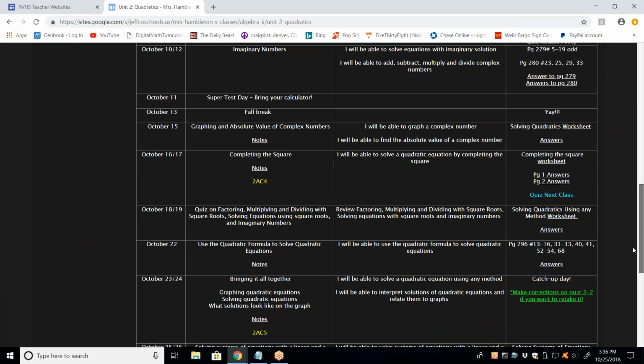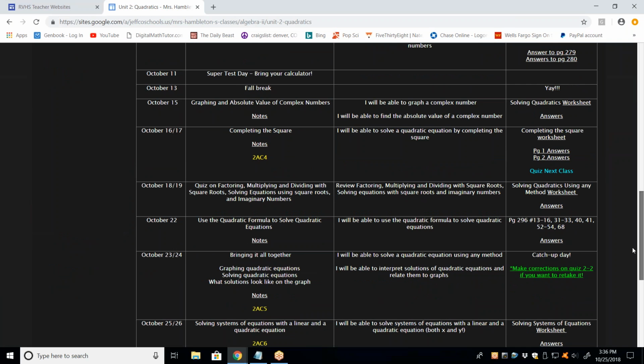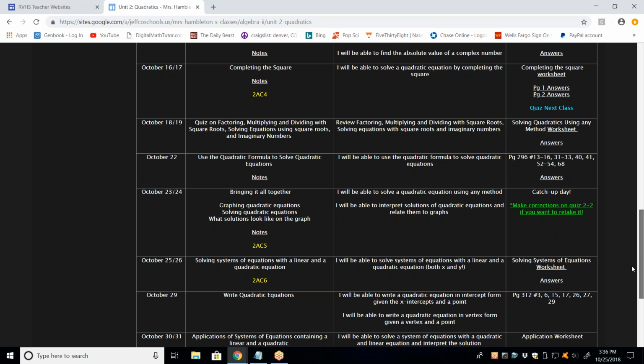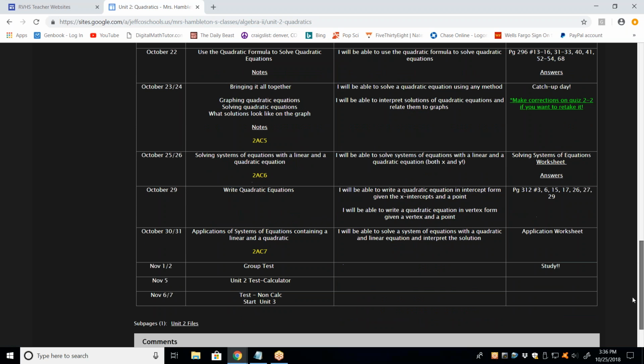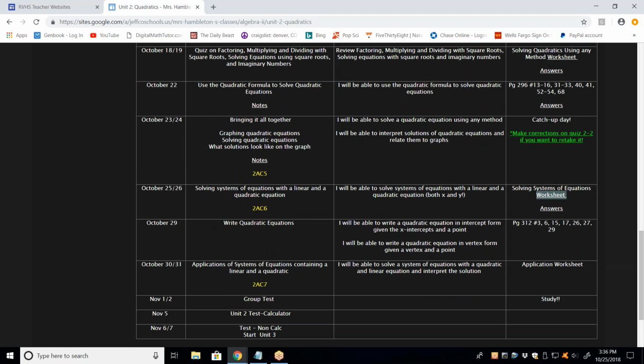And then go to solving systems of equations worksheet. There we are. Okay.